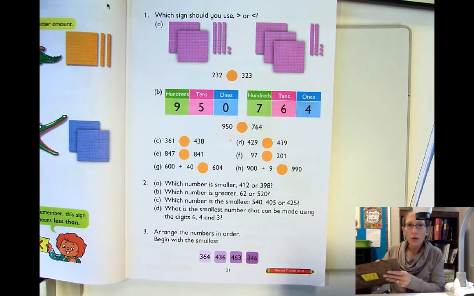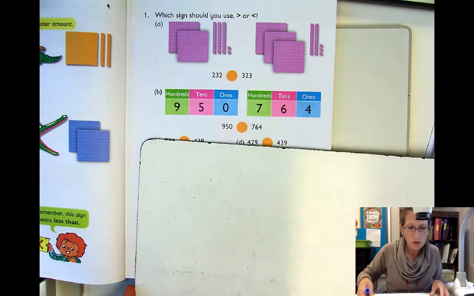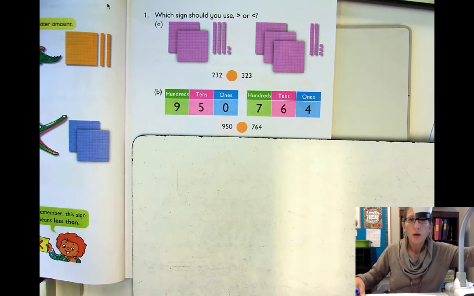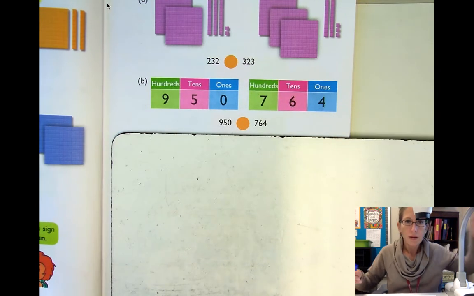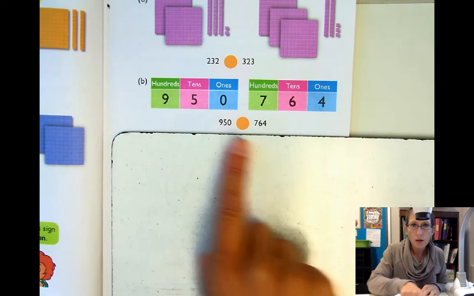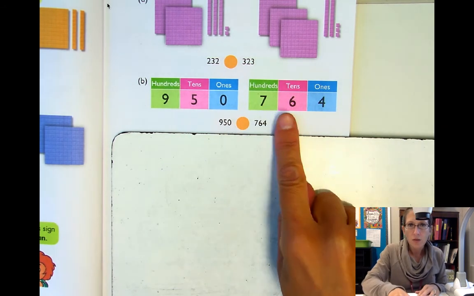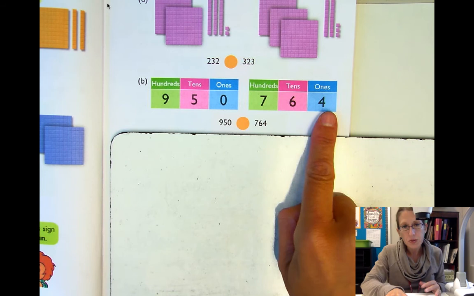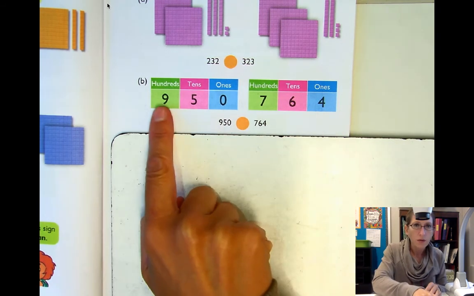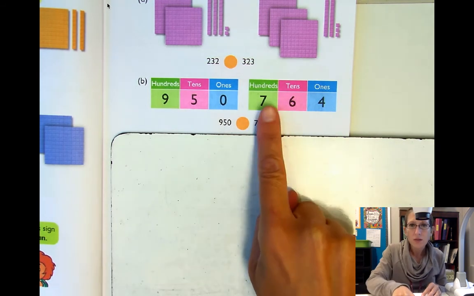All right, let's do a couple more here. Now they're showing us a little place value chart right here. So we are thinking about which one is bigger, 950 or 764. So again, we can look in the hundreds place. Here we have 900s, and here we have 700s.